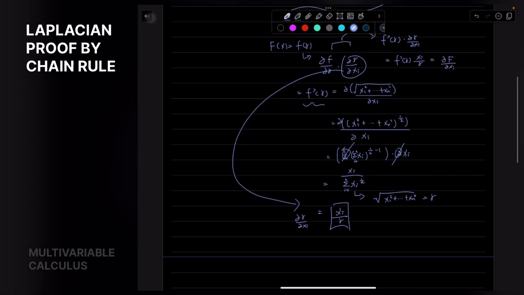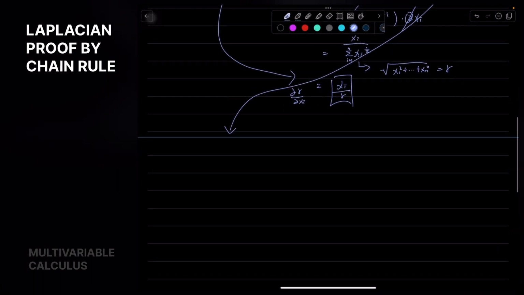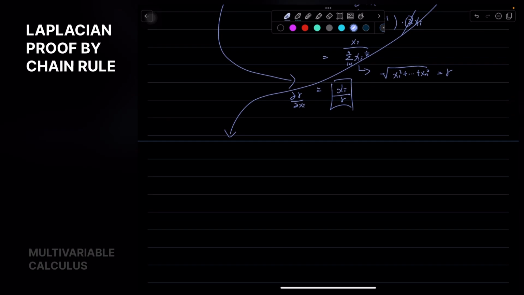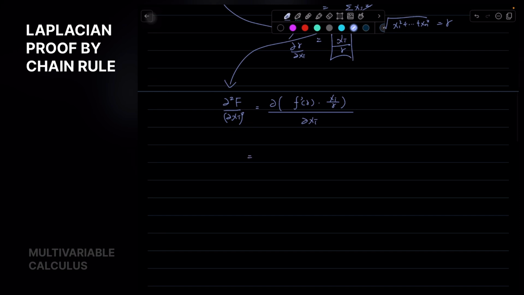now, since the Laplacian is all the second derivatives of f with respect to xi added together, we need to take the second derivative of f with respect to xi. This is equal to, as stated above.